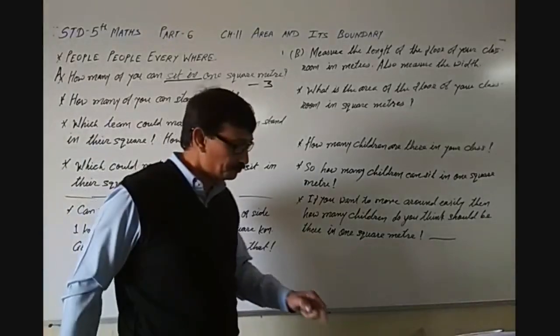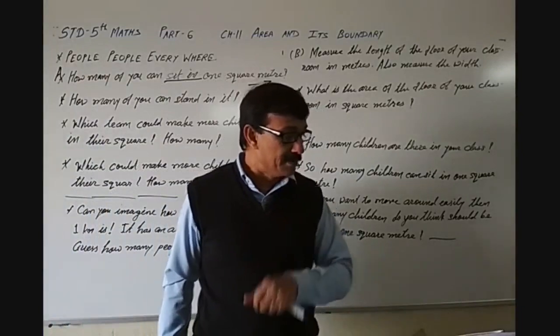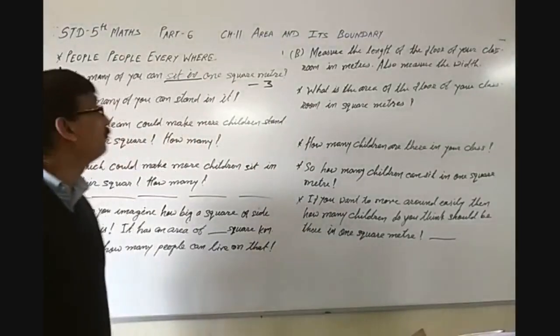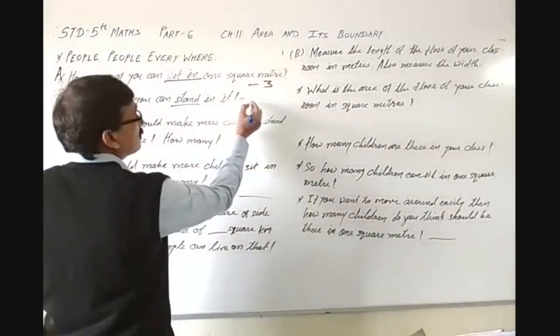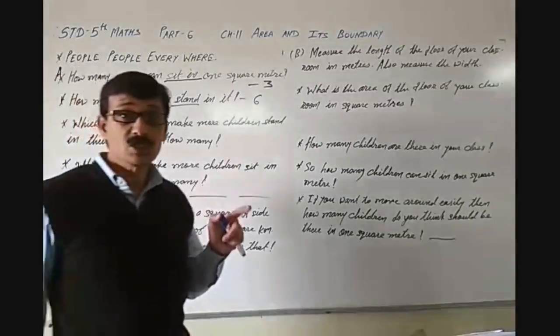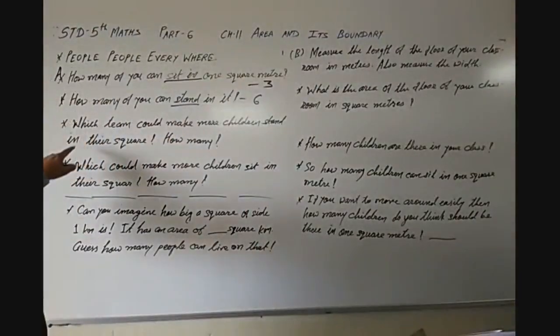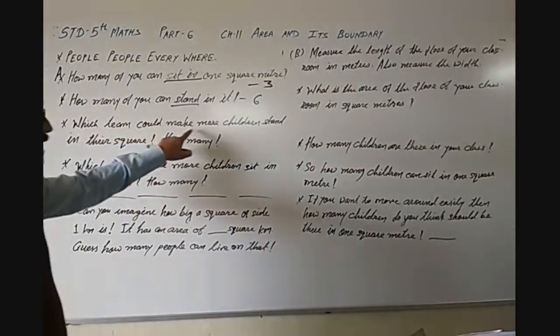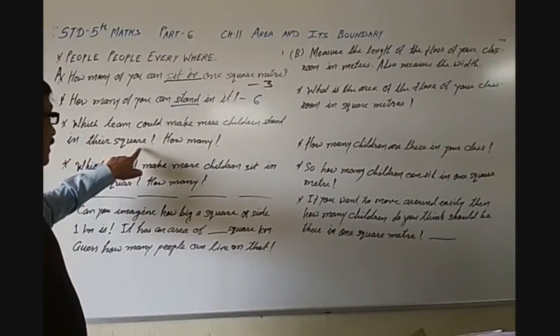Then after, how many of you can stand in it? Suppose 6. So you have to answer, 6 of us can stand in it. Then after, which team could make more children stand in their square?